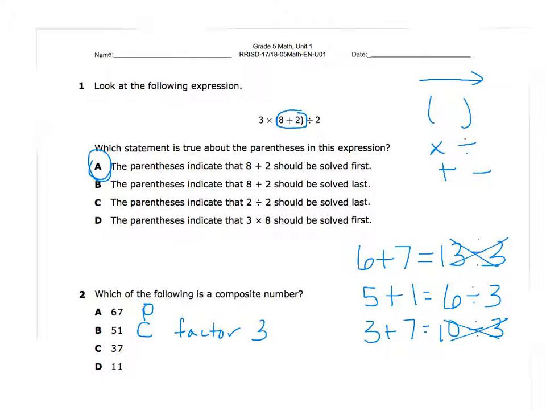And the last one, 11, just from the games that we've played, we know that 11 is a prime number. So 37 is prime, and 11 is prime. So the only one that's composite is 51, so the answer choice should be B.